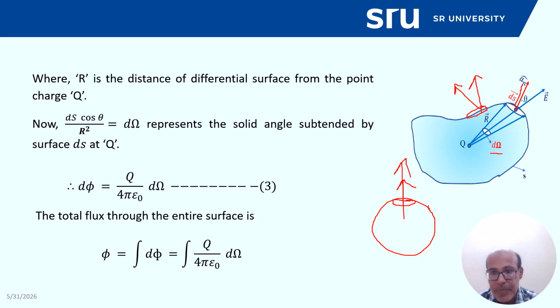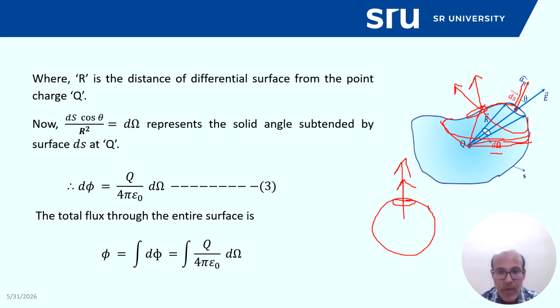Now let us say I have increased the elemental surface. Therefore the cone that is projected from the charge also increases in magnitude, meaning the d omega also increases. Now if I consider a much bigger area, the cone angle d omega, the solid angle, also increases.